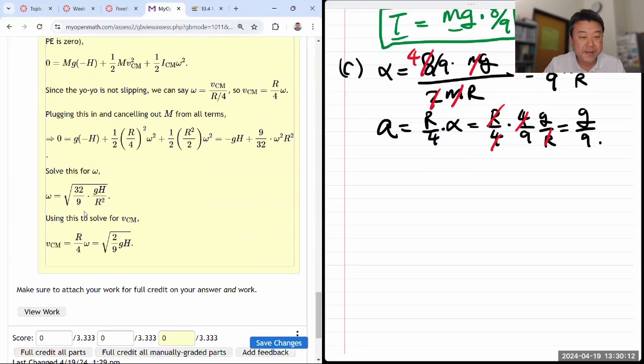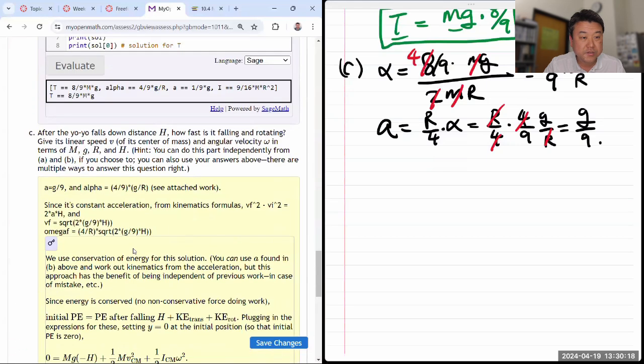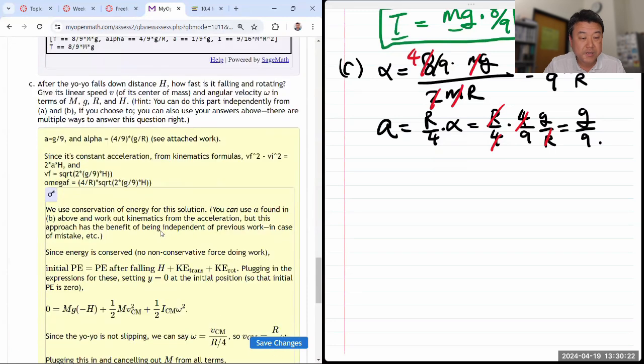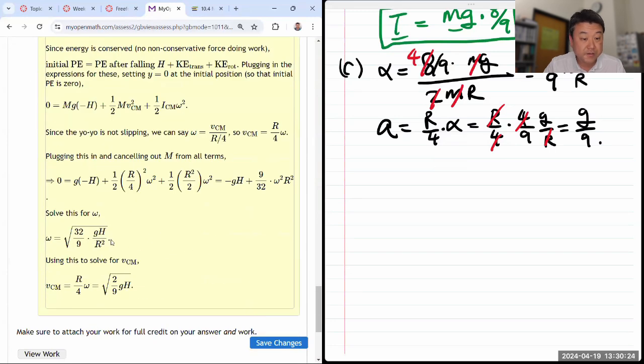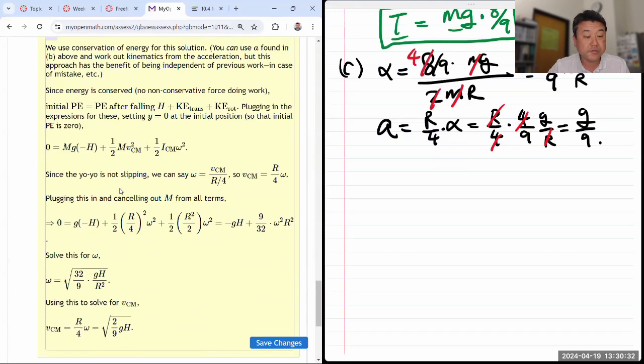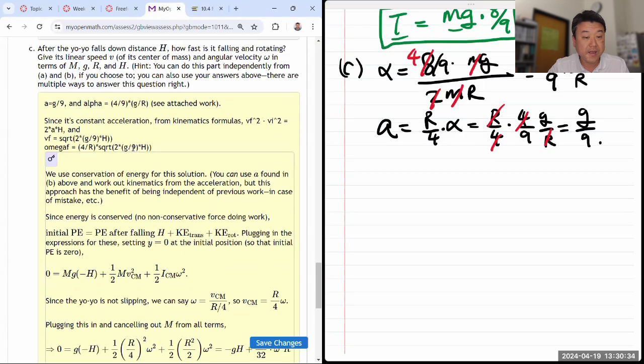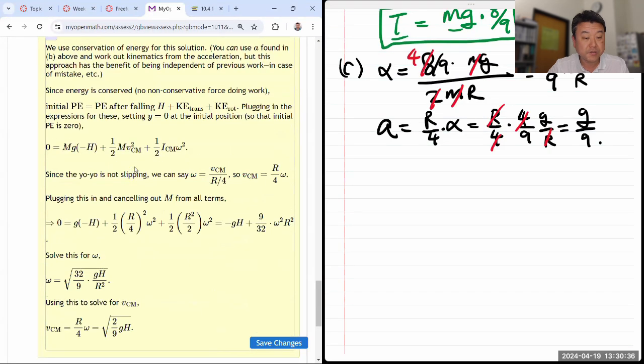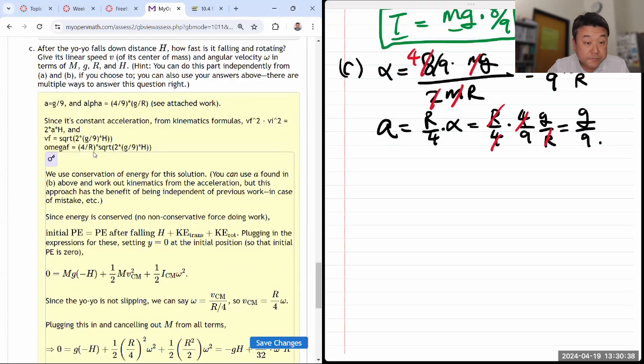Square root of 2 over 9 gh, good. And omega is, if you're absorbing this, that'll be 4 times 4, 16 times 2 is 32, so 32 over 9 times gh over r squared, bringing that in, it becomes r squared.